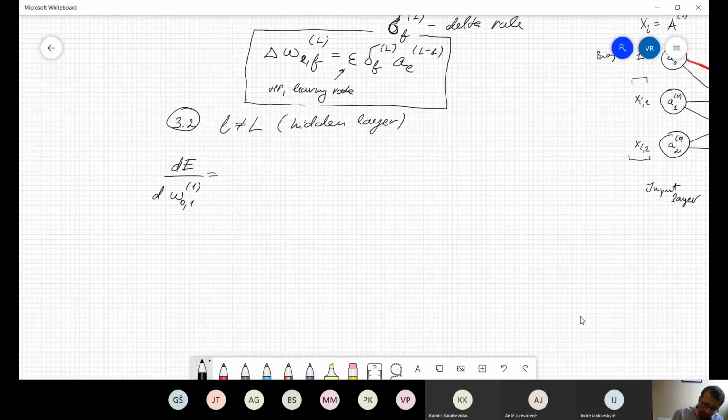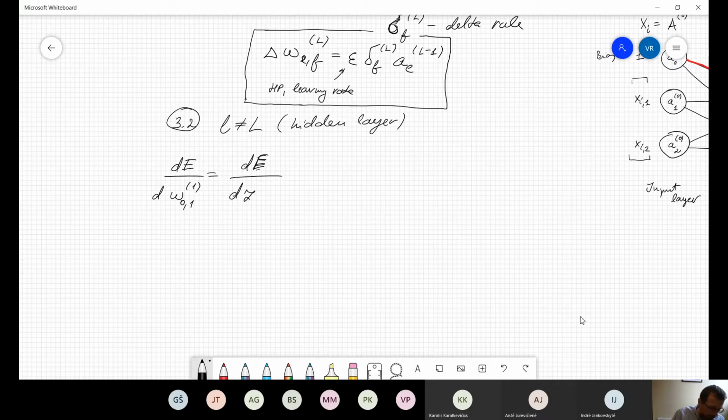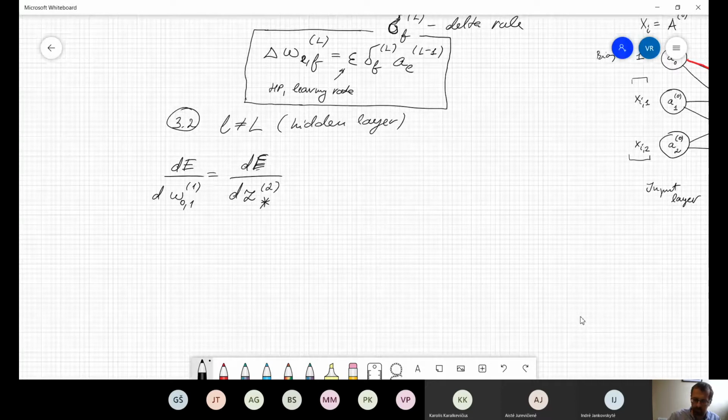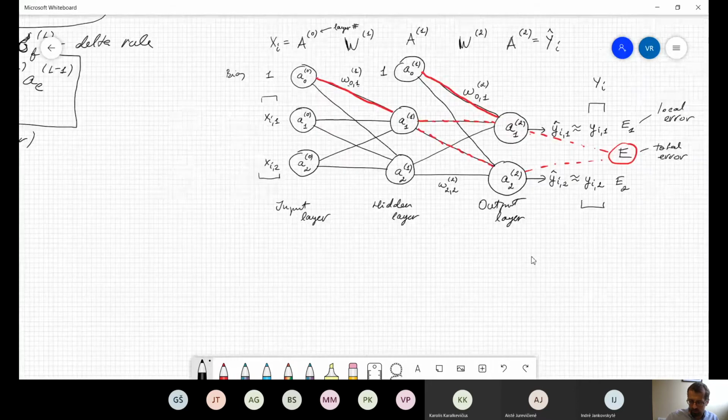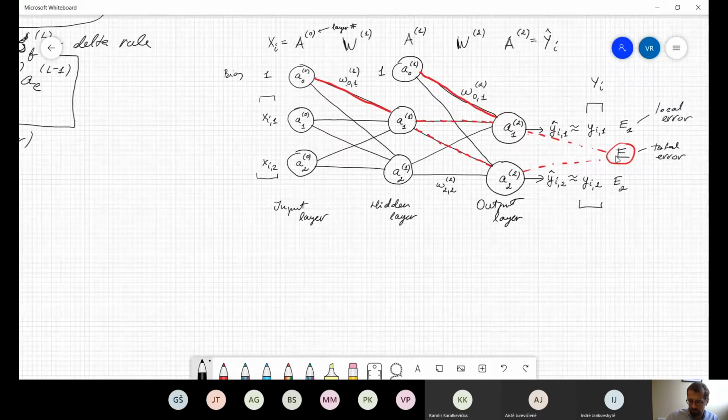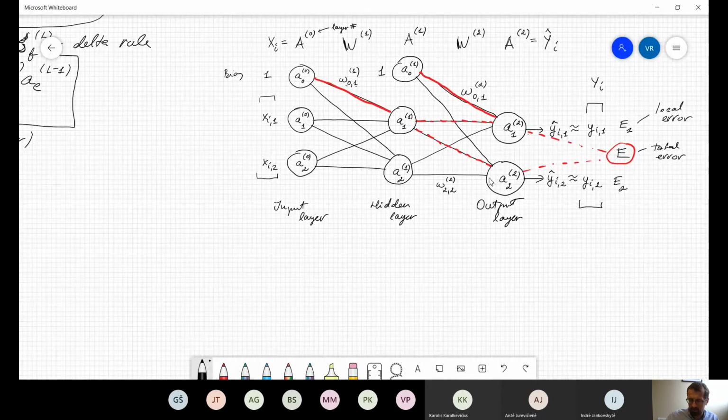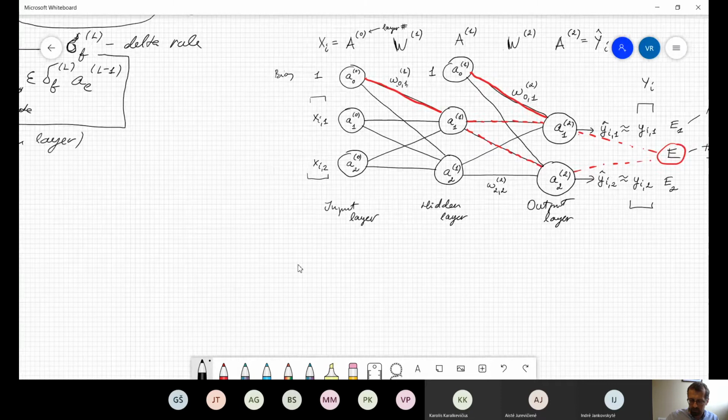So let's now try to write down how it looks. So basically, this is just the derivative of the error, on total error, and we will put the net inputs on the second layer. Let's make it a star, because we want to calculate the influence of all the net inputs on this error, when the error is being populated on all the net inputs on this guy and this guy.